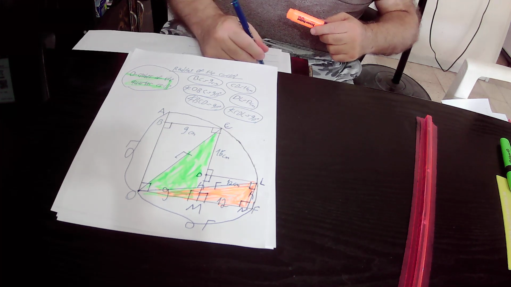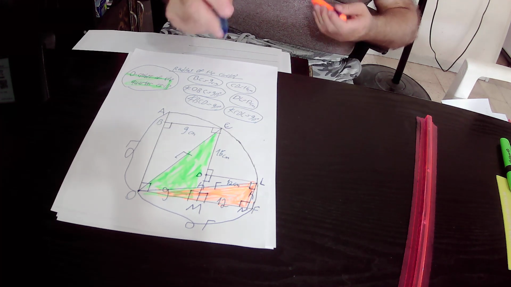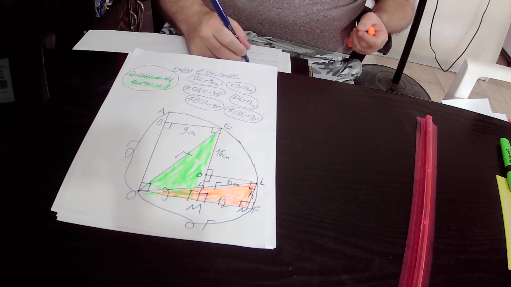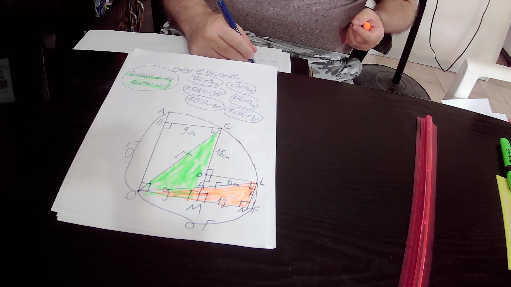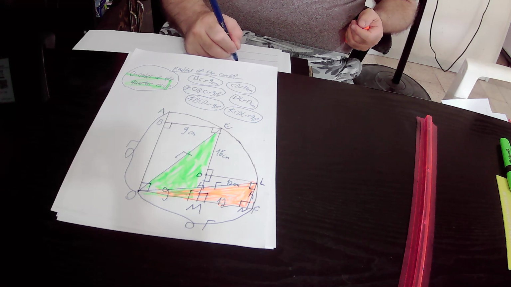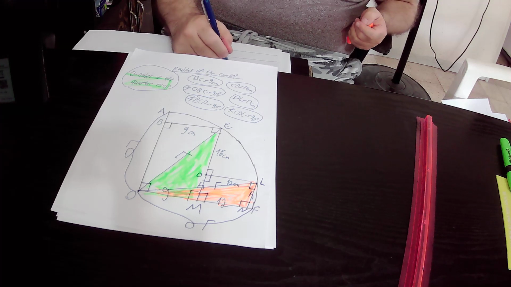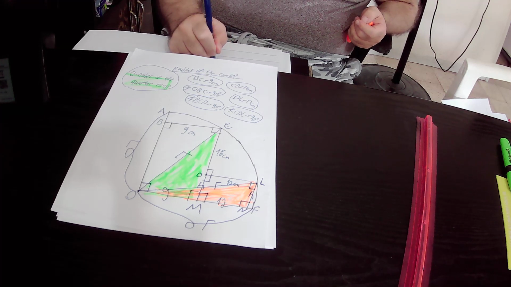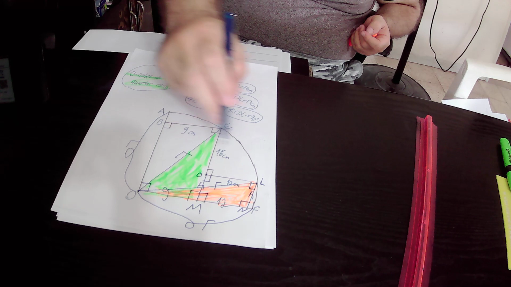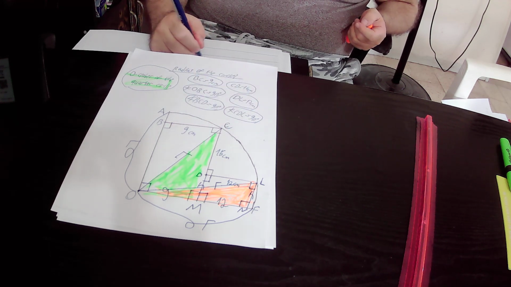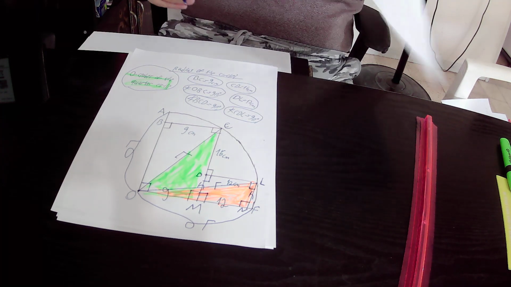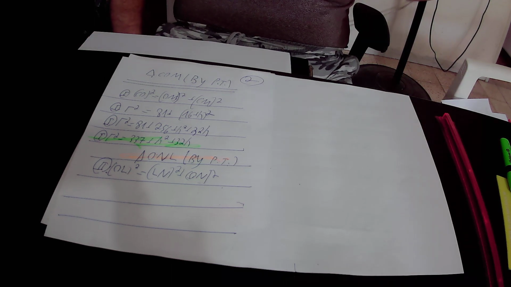The hypotenuse is OL, therefore the square of the hypotenuse is OL squared, and it must be equal to the sum of the squares of the perpendiculars, that is to say it must be equal to LN squared plus ON squared. So in conclusion, we found out that in the right orange triangle ONL, OL squared equals LN squared plus ON squared.